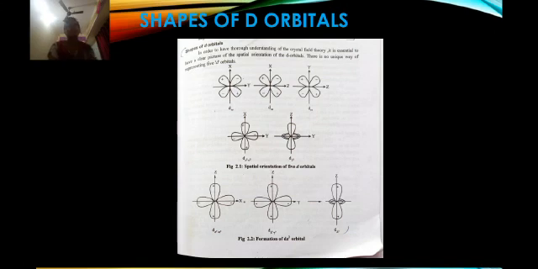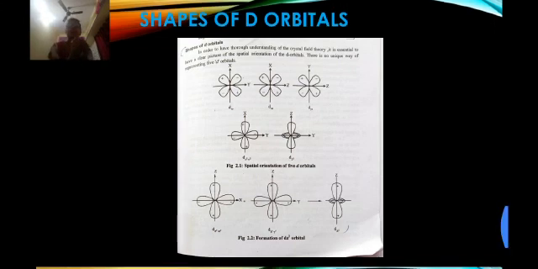If you rotate the dxy orbital around the z axis at an angle of 45 degrees, you will get dx square minus y square. dz square is also having electron density on the principal axis. Remember, 3 of these 5 orbitals have electron density in between the principal axes, and these 2 orbitals have electron density on the principal axis.